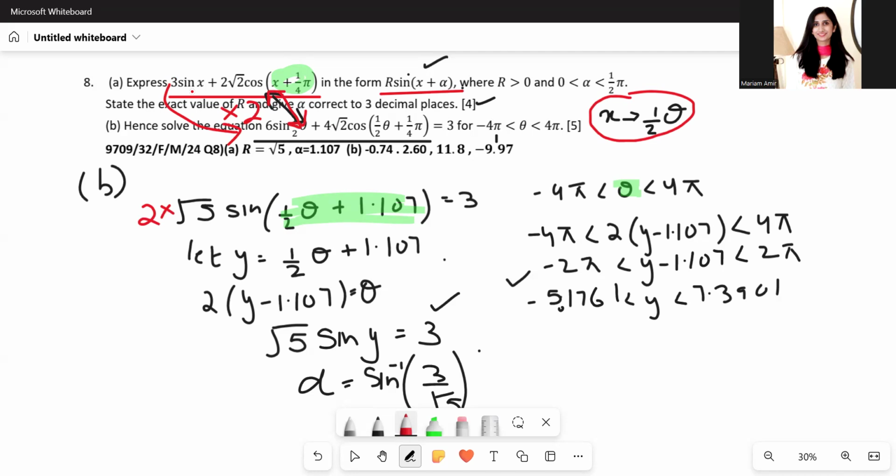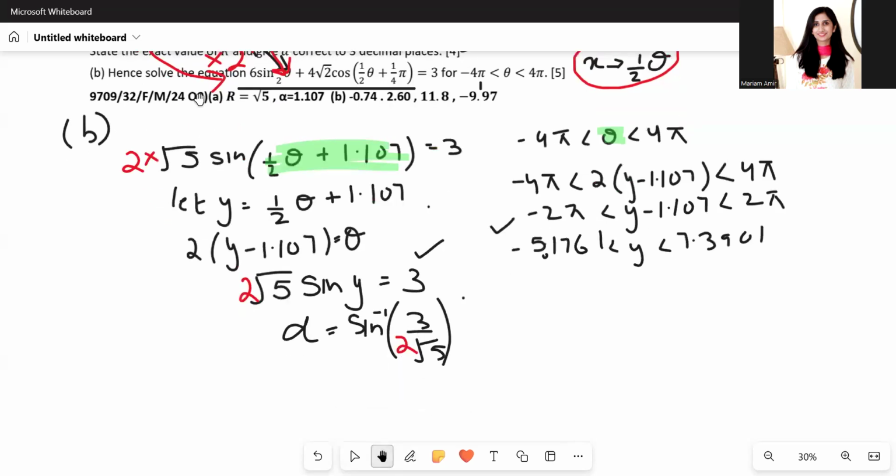So then I get 2 under root 5 over here. So there we'll have 2 under root 5 in the denominator. So 3 upon 2 under root 5. And now shift sine of this. Okay, that gives me 0.73531.